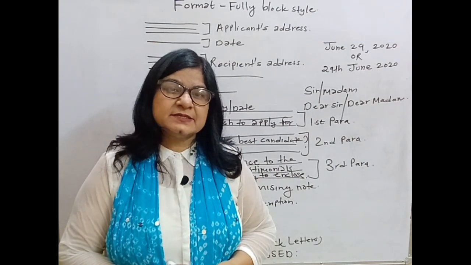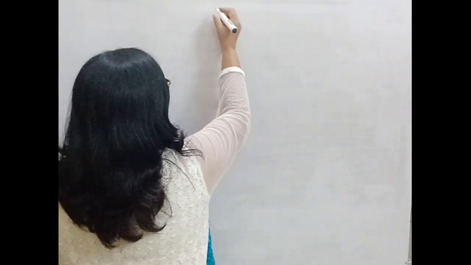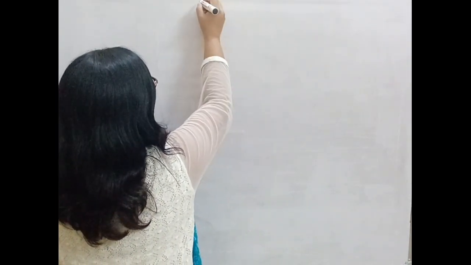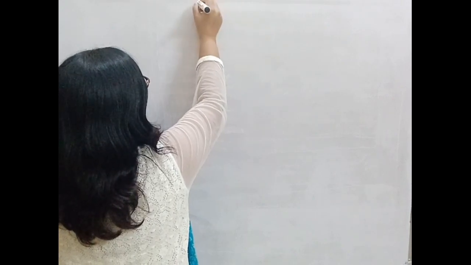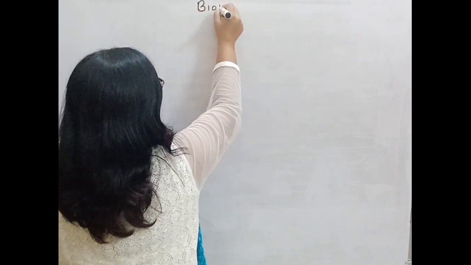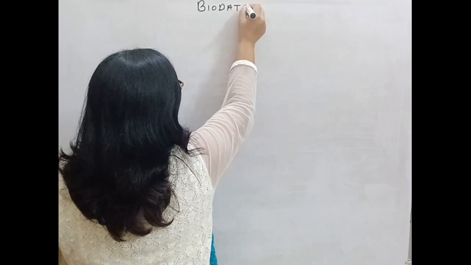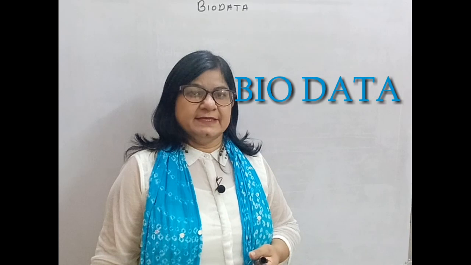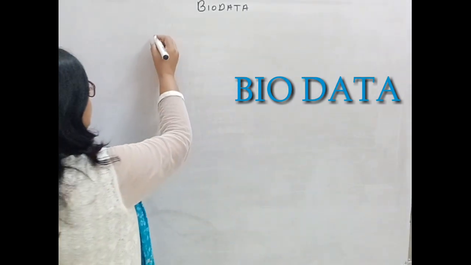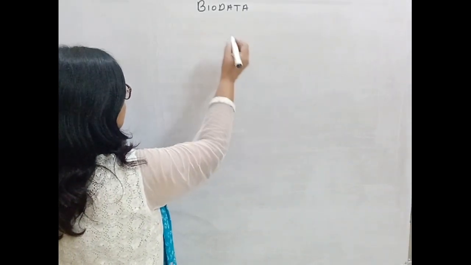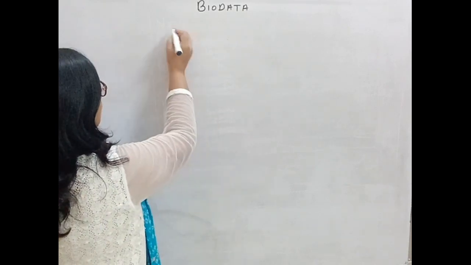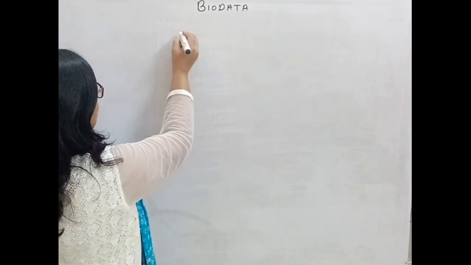Now we shall discuss biodata. Students, you have to write the biodata on a fresh page. We will write the word biodata in the center of the page at the top. Biodata means biographical details. And we will write the personal details first. We will write the name of the applicant.